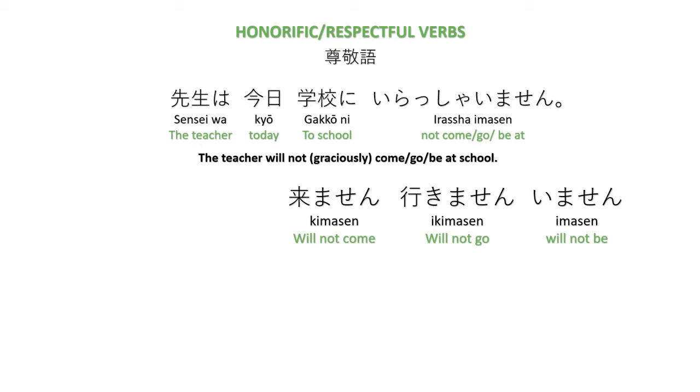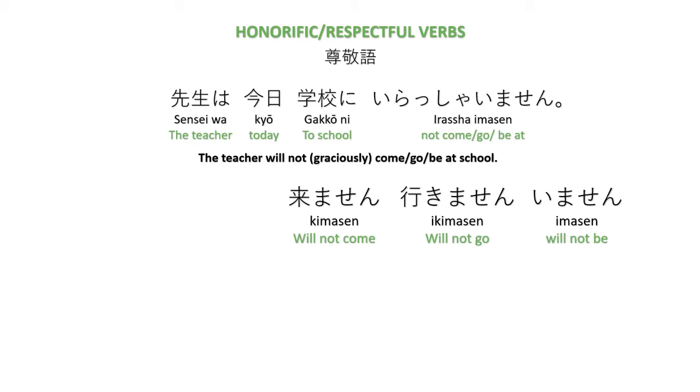So here, when we use irasshaimasen or irasshaimasu, we are saying that the teacher will not graciously come, will not graciously go, will not graciously be at school. So why do we add graciously?